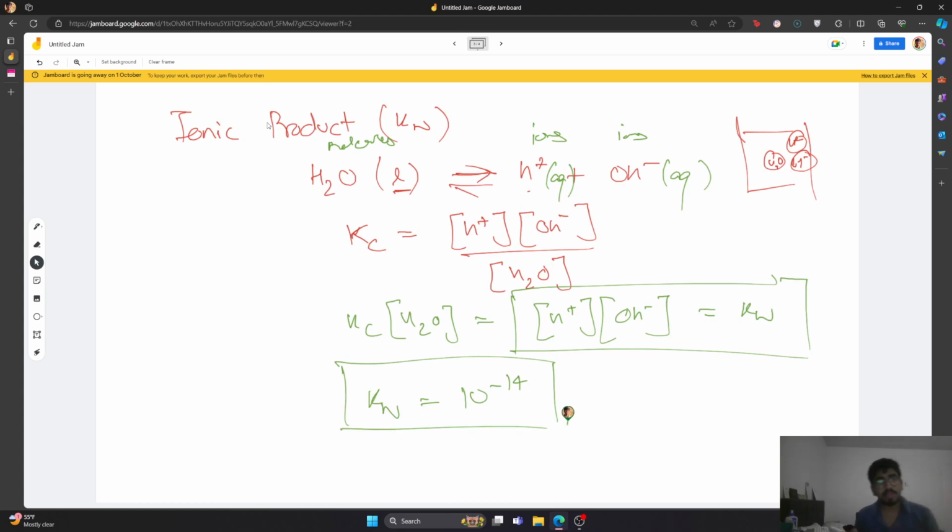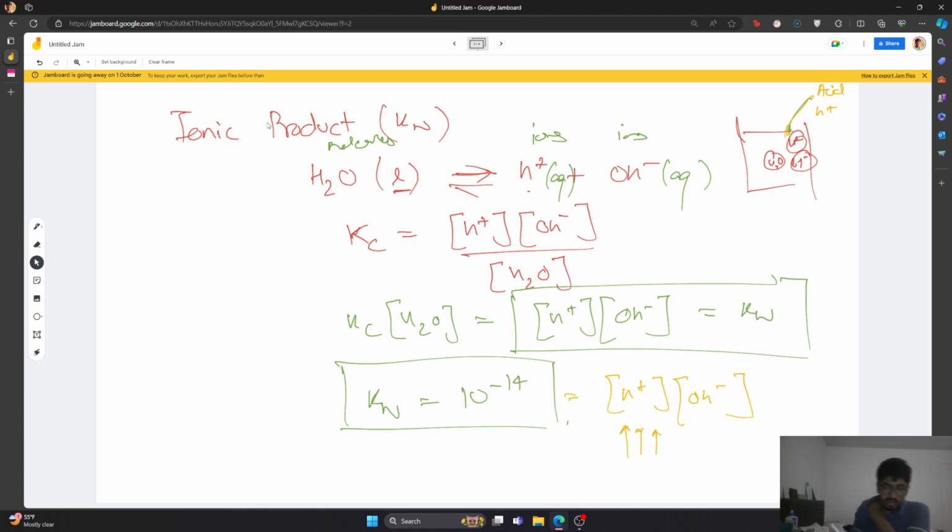Okay, so it can happen that there is more H plus due to external sources, right? You can always add a source of H plus inside this. Say you add some acid inside, right? Acid gives H plus. If that gives H plus, then because the product of H plus and OH minus is constant, H plus rises a lot, right?